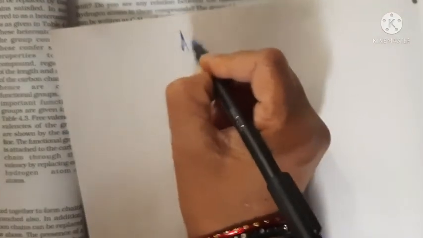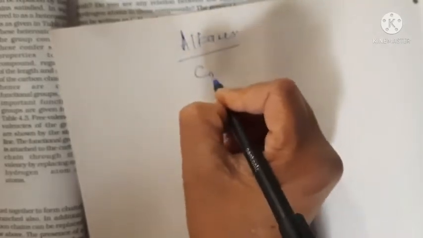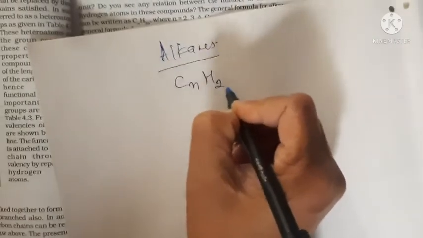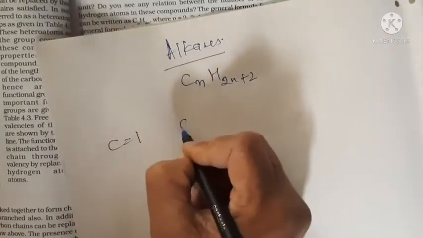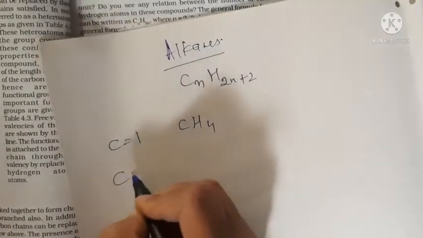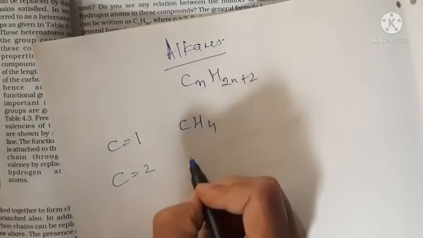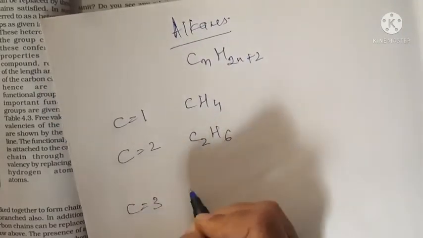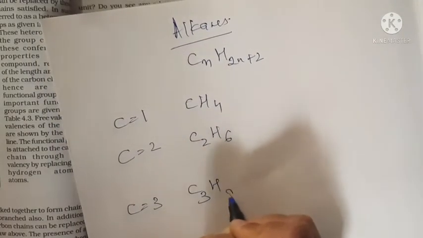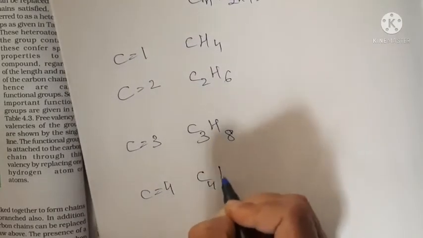Now students, see here. Now let us first take the case of alkanes. Okay, the general formula of alkane is CnH2n+2. Now if carbon atom is 1, the formula is CH4. If carbon atom is 2, the formula will be C2H6. If carbon atom is 3, formula will be C3H8, for 4 it is C4H10.